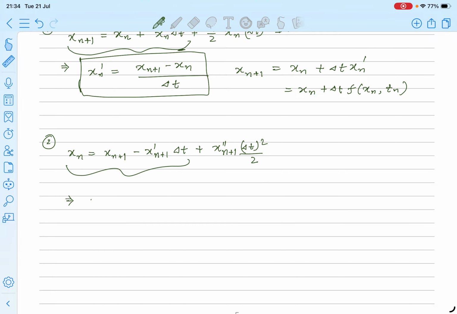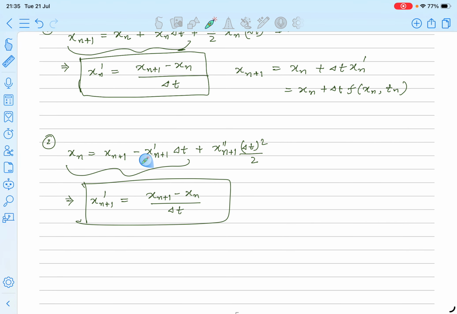So you can write again x'_{n+1} equals (x_{n+1} minus x_n) by delta t. So again you can see that we took only delta t order. So again this is first order, so the order is delta t.